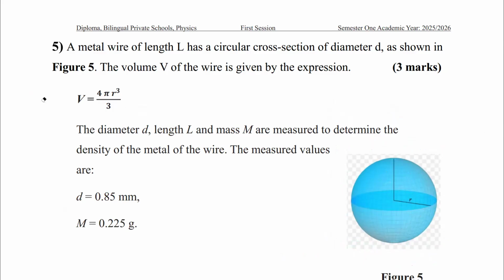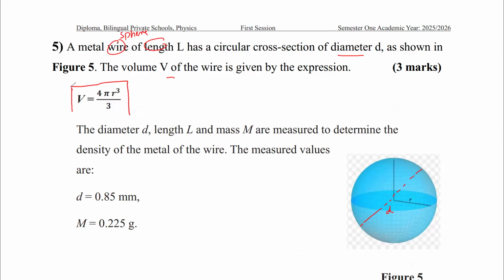Okay. So the question is, the metal wire, it's not wire, it's a sphere, sorry, has a circular cross-sectional diameter. So it means that the diameter is given. We know that the diameter is actually like this. This is my diameter. Okay. The formula of volume is given.